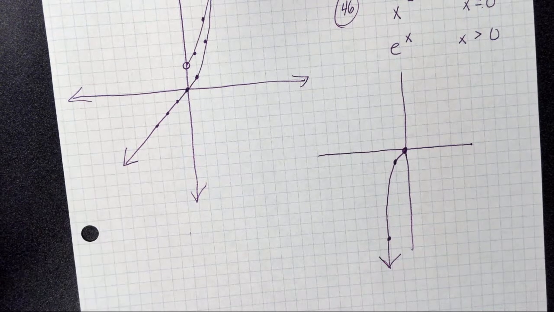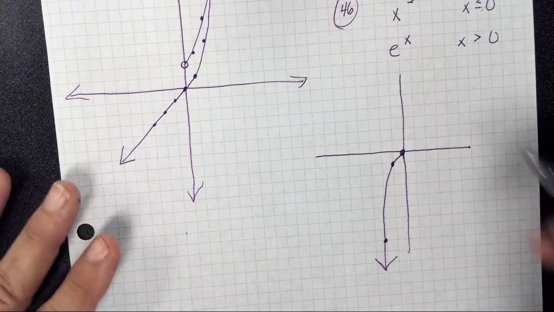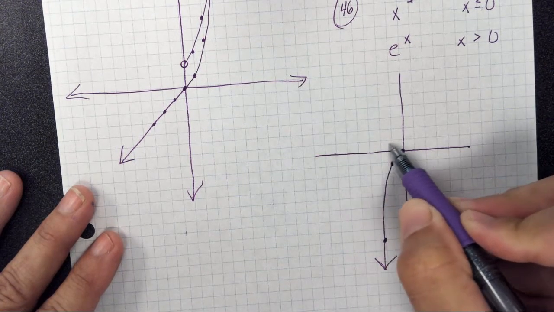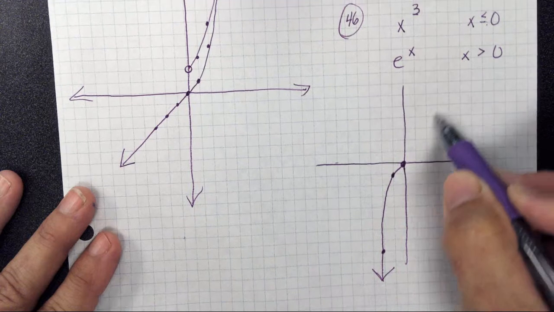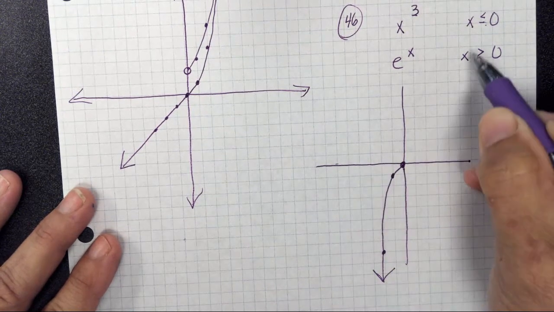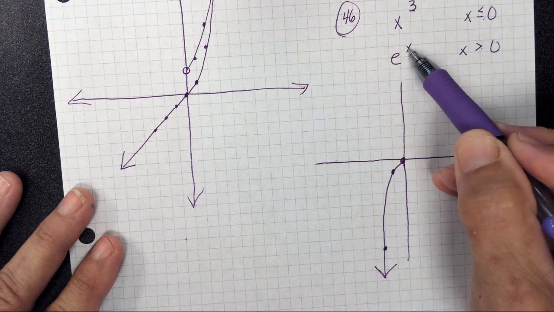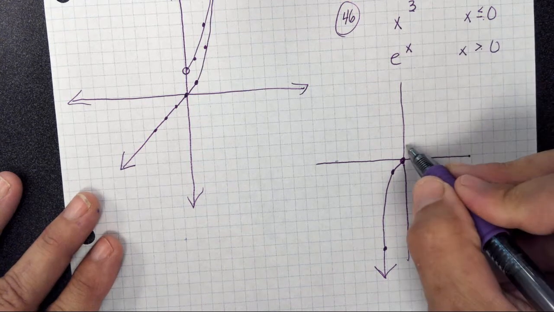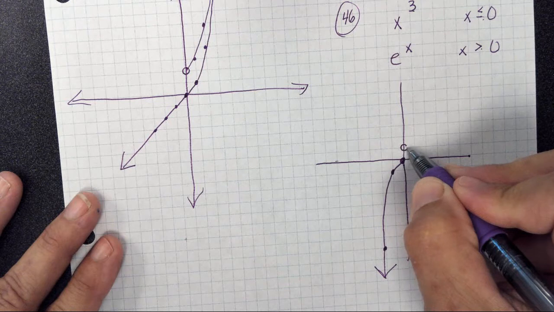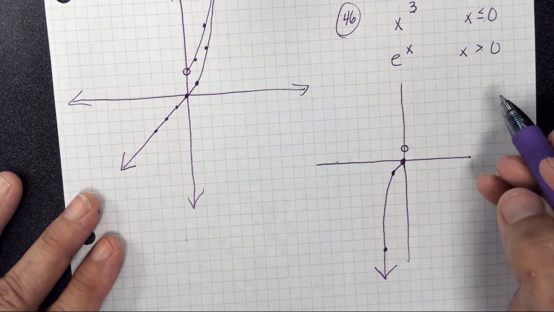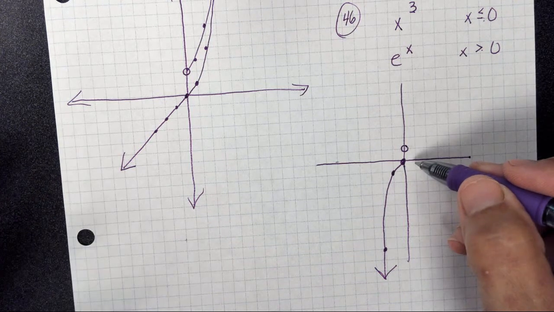All right. Do we agree parent exponential hovers right here and then goes up? Yes. All right. So I'm going to start at 0. If I plug in a 0, what is e to the 0 power? 1. But that circle should be open. E to the first, you should know that e is 2.7 something.